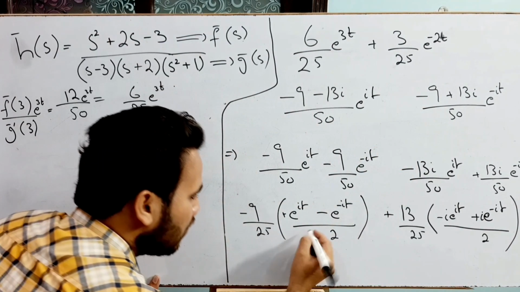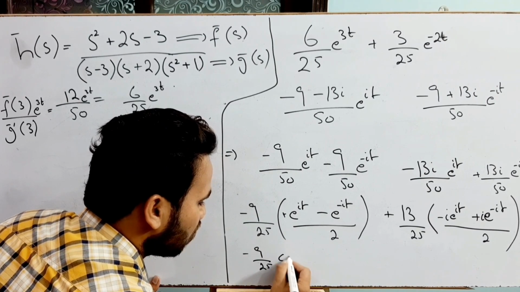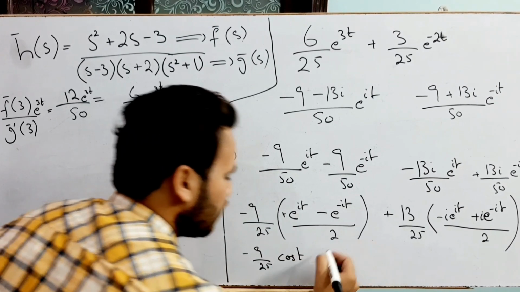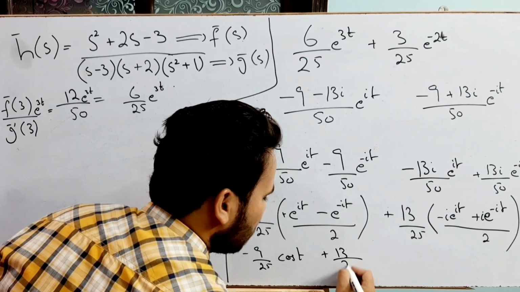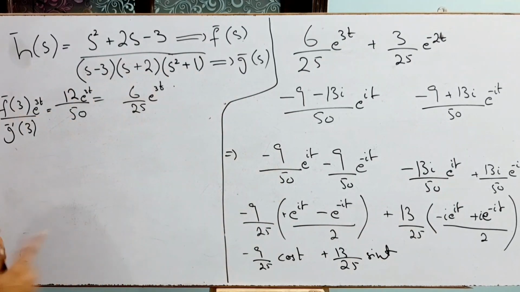So this is cosine t with minus 9 by 25, and this is sine t with plus 13 by 25. Now we have the real solution.